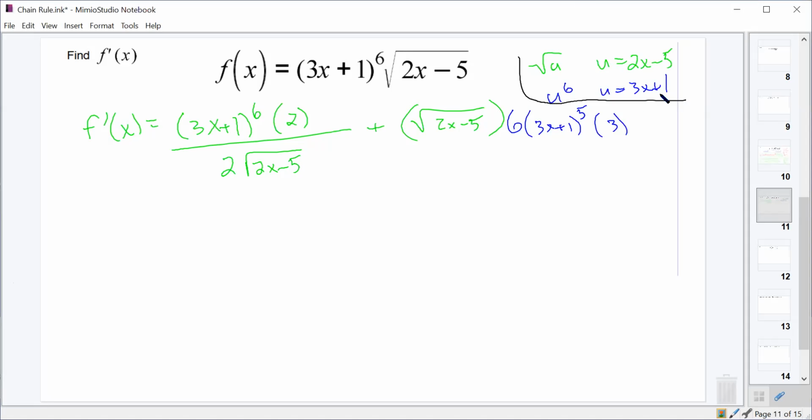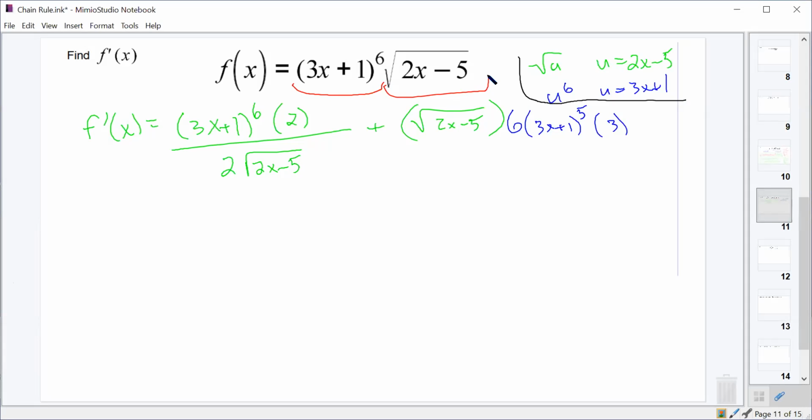So why would we start with the product rule instead of the chain rule? We're going to have to use the chain rule within the product rule, right? The reason we start with the product rule is because at its core, at its base, this is one function times another function. And as long as it's one function times another function, no matter what, unless you have a way to combine them together so that it's not that, you're going to have to use the product rule.